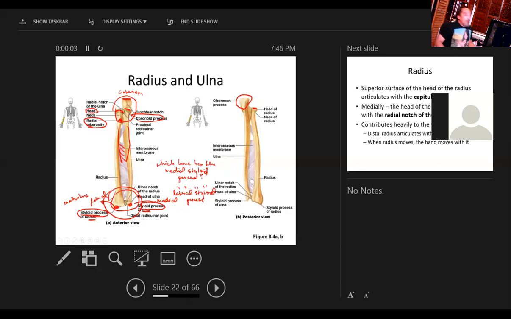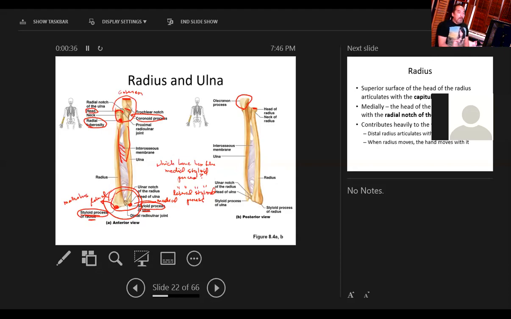All right, so we're back here, radius and ulna. So the answer for the medial styloid process, remember, anatomical position, palms facing forward. So my thumb is always pointed lateral, and whenever I see my thumb, that is the radial bone, okay? Because remember, what is the pulse at the base of my thumb? That's called a radial pulse. Why did we call it radial pulse? Because that's your radial artery. Why did we call it radial artery? Because below that is going to be your radial bone, okay?